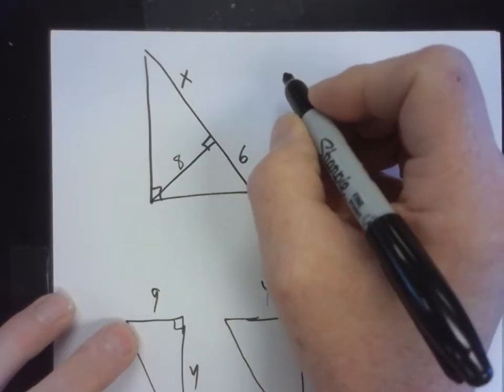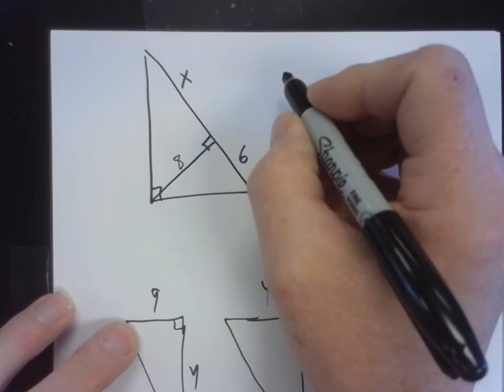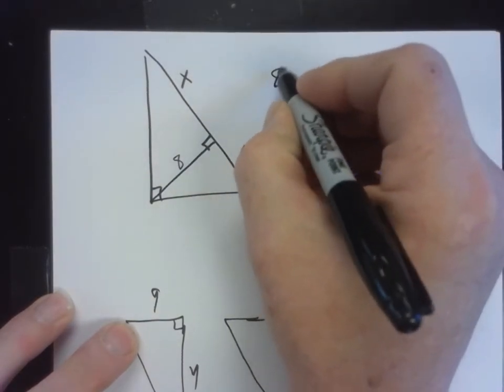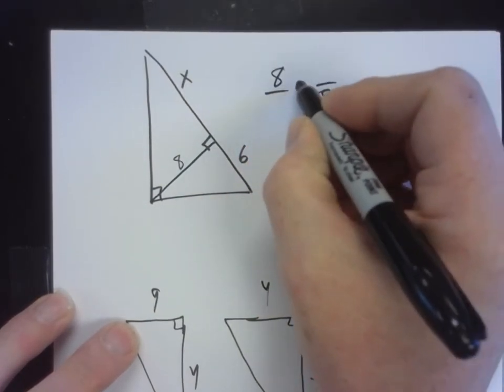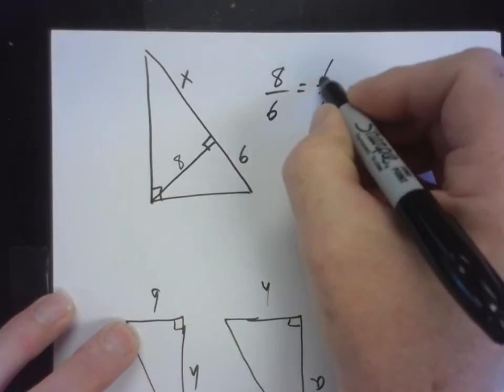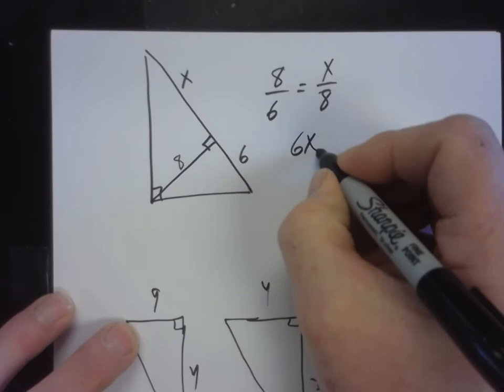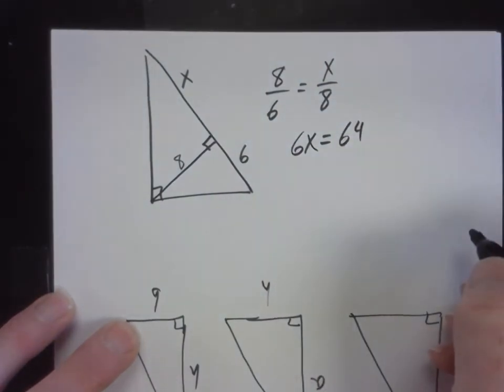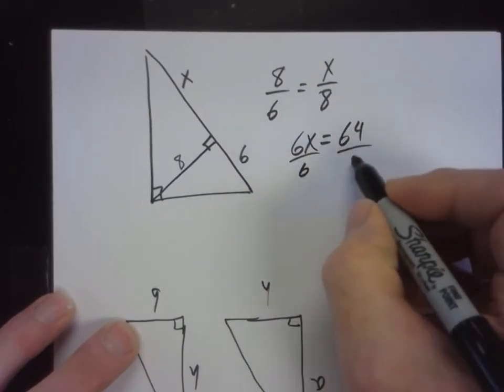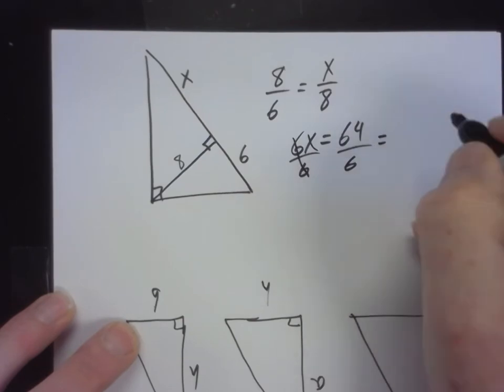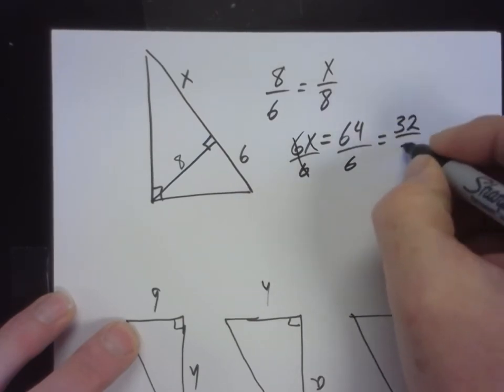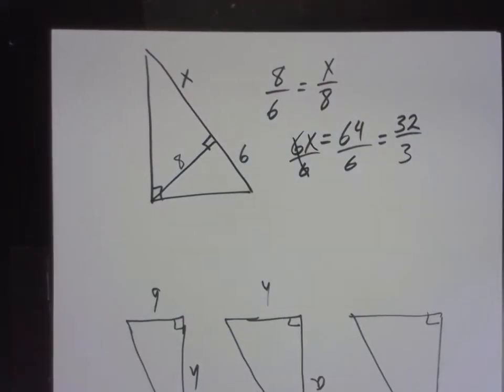Doesn't take very long, does it? I just think, okay, 8 is the geometric mean of 6 and x. So I suppose 6x equals 64. Is 32 over 3 an okay answer?